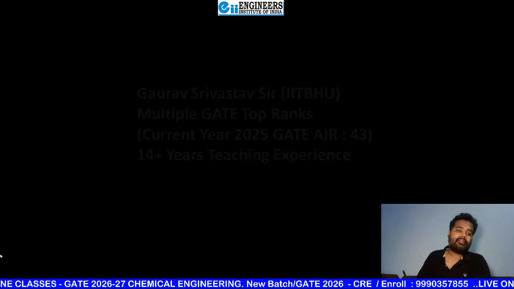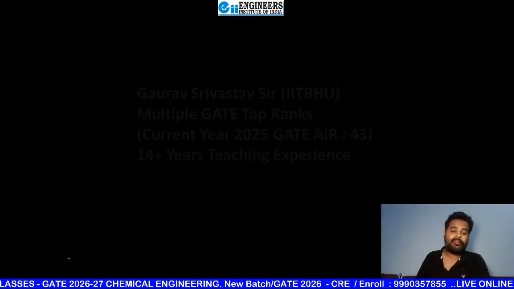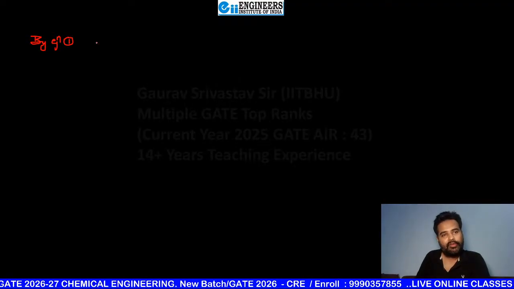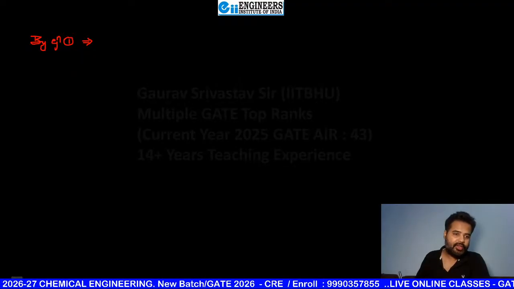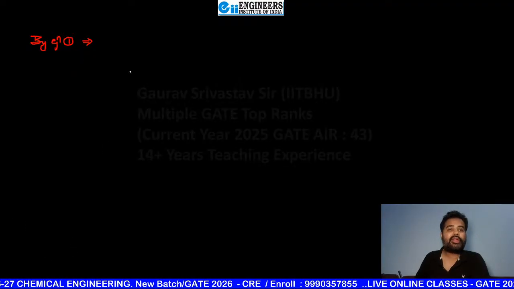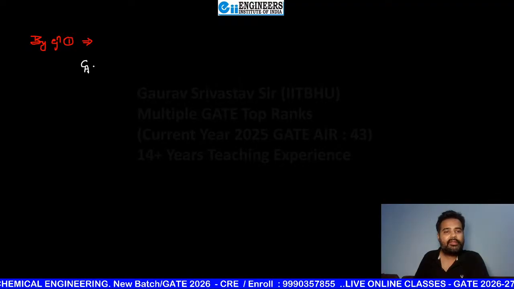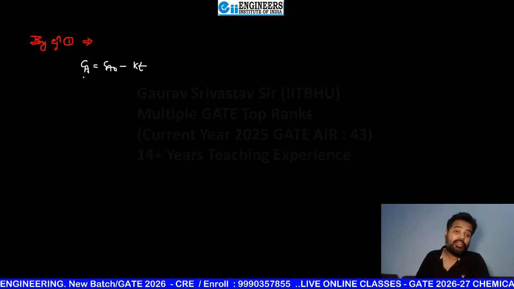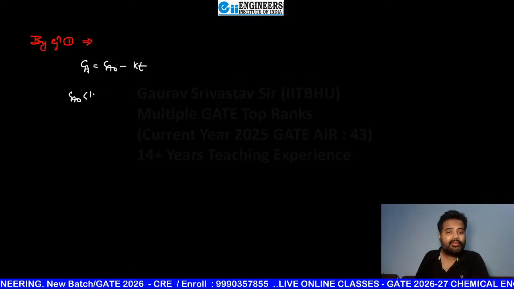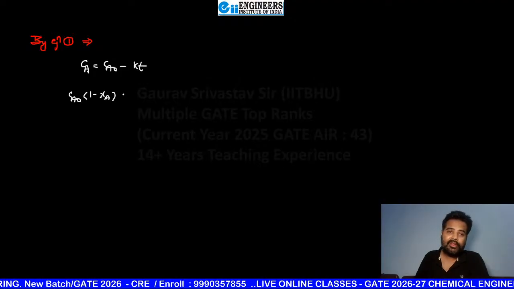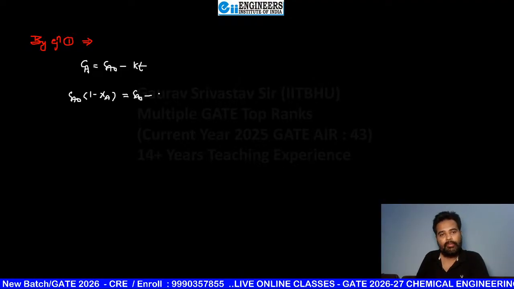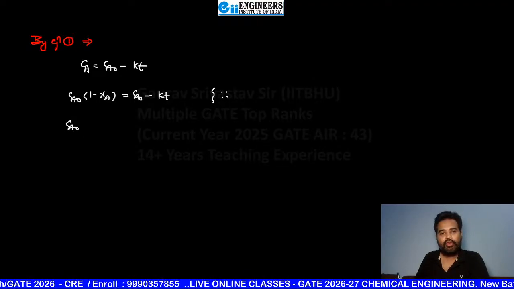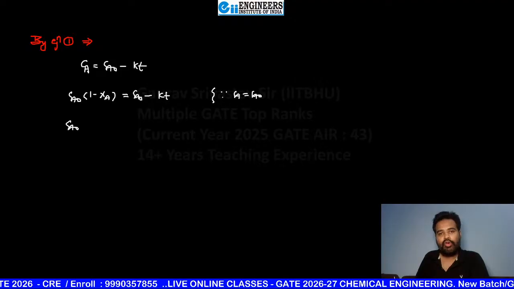Now again we are going to deal with equation number 1. Please focus here. You already know CA is equal to CA naught minus KT. Now beta, you know CA is CA naught 1 minus XA, and that becomes equal to CA naught minus KT. Just open this bracket.